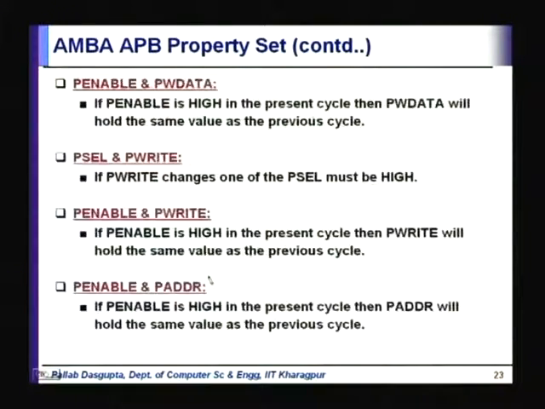So like this I have noted down a set of properties, and now I leave it as an exercise to you to write down these properties in SVA. Refer to these slides from my website and code these properties in SVA.